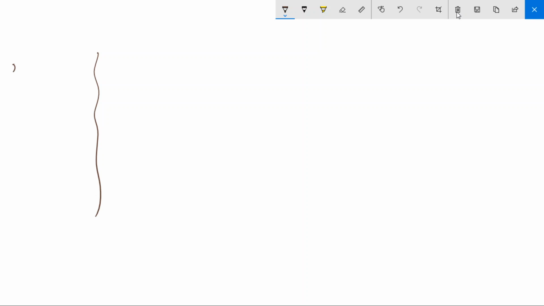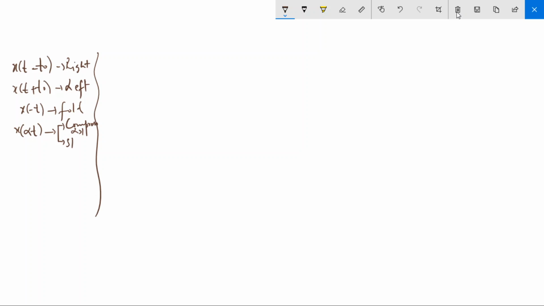So here I have x of t minus t naught, which is a right shift by t naught, x of t plus t naught is a left shift by t naught, x of minus t is simply a fold, x of alpha t is either expand or compress. This is compress if alpha is greater than 1, and stretch if alpha is less than 1. These are the basic operations.